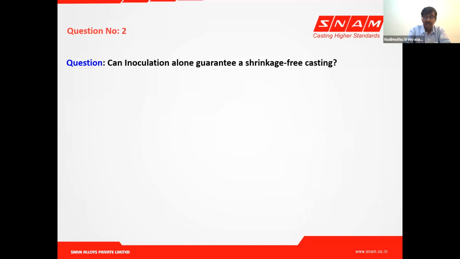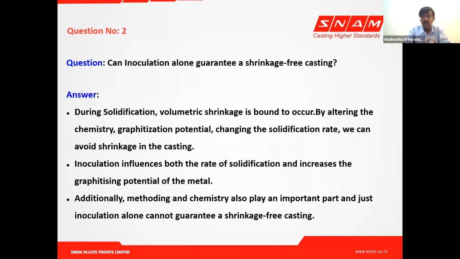Can inoculation alone guarantee a shrinkage-free casting? Something Mr. Manish also addressed. During solidification, volumetric shrinkage is bound to occur because of the austenite contraction. That is why, by altering chemistry, the graphitization potential and the solidification rate, we can avoid shrinkage.